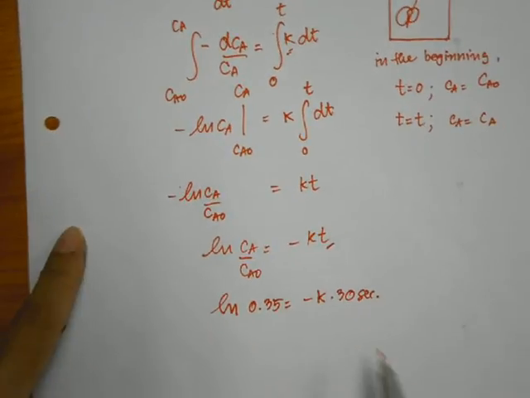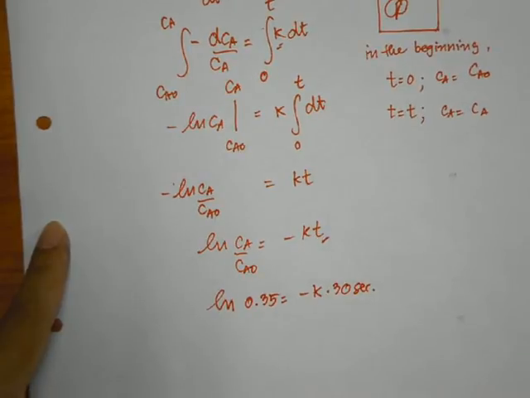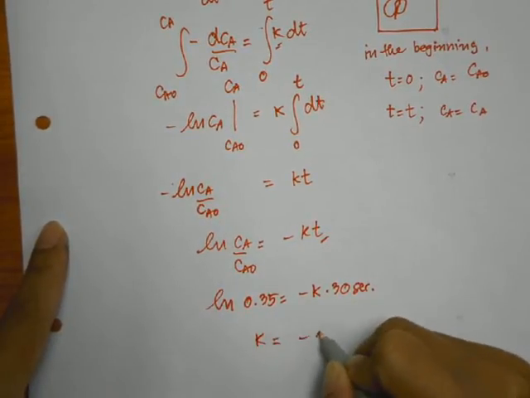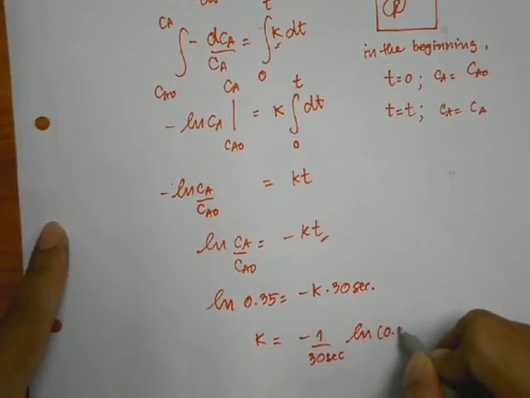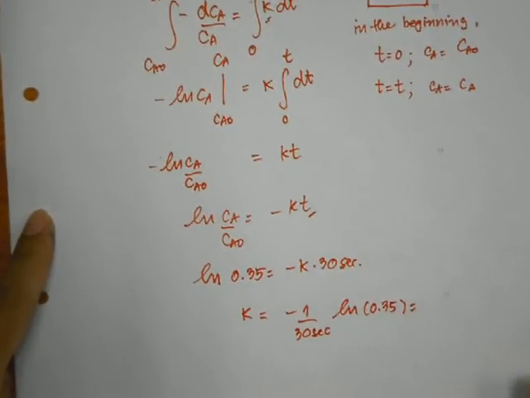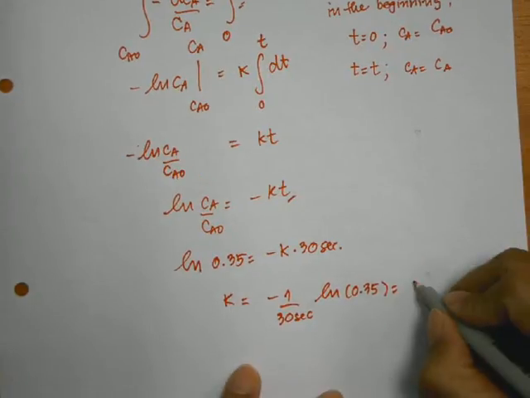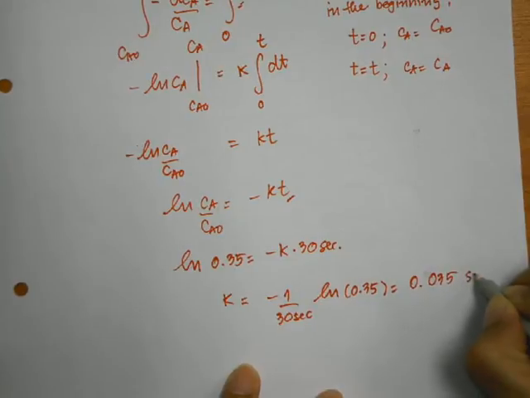From this, you can find k, okay? So we can say that k is equal to 0.035 per second, right?